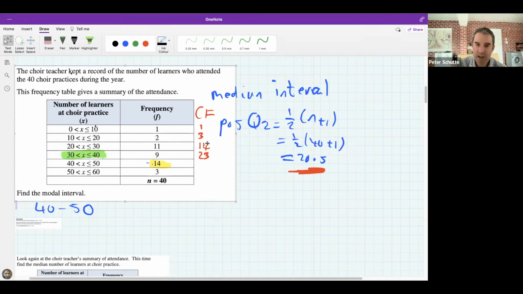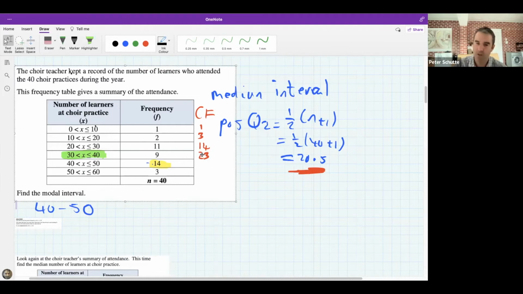Now, if I'm only at the 14th position by the end of the interval 20 to 30, I clearly haven't got to the position 20.5. So I need to keep on counting to the next interval. Now, by the end of the next interval, I've got to the 23rd position. So clearly, somewhere in this interval, I got to the 20.5th position.